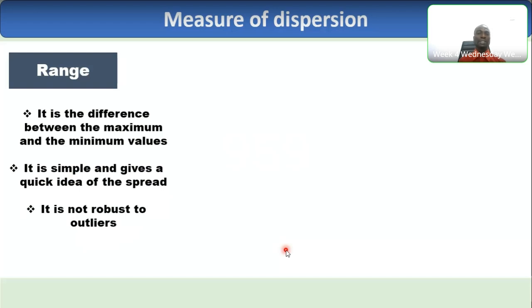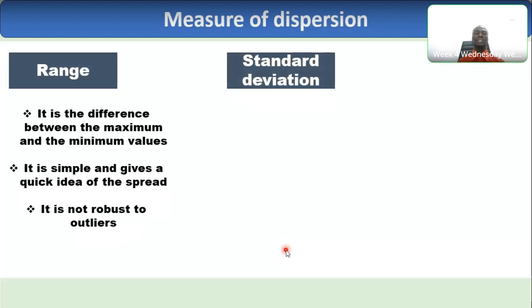But if you look at it, the 95 in that class is an outlier because the second person in that class scores 60 and other people follow in that direction. So range is very sensitive to outliers, and that is why it's a very vulnerable way of trying to see how spread our data is.